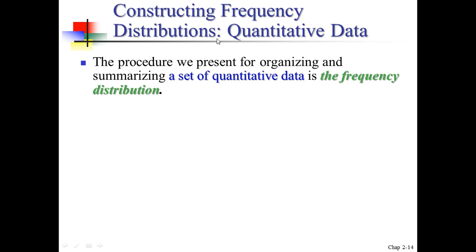But if you have a quantitative data set, we can construct something more than the previous one, which we call frequency distributions or a frequency distribution table. So at this point, we construct a frequency distribution table by using a quantitative data set.